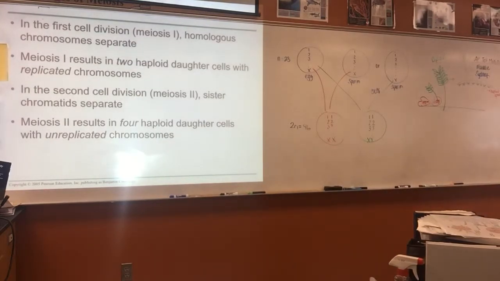So there are stages of meiosis. In the first cell division, meiosis 1, the homologous chromosomes separate. Meiosis 1 results in 2 haploid daughter cells with replicated chromosomes. In the second cell division, meiosis 2, sister chromatids separate.